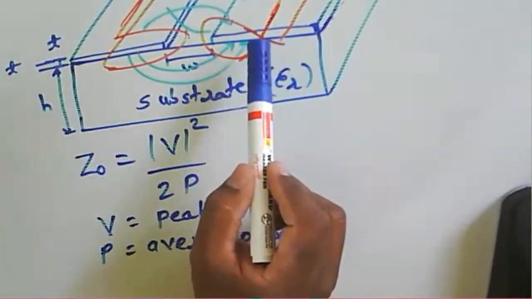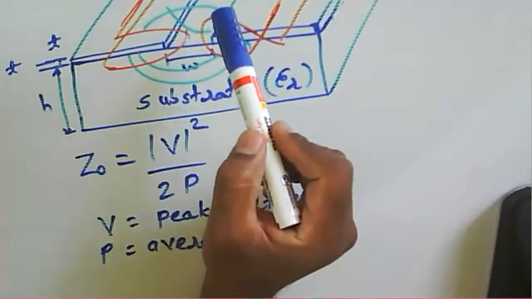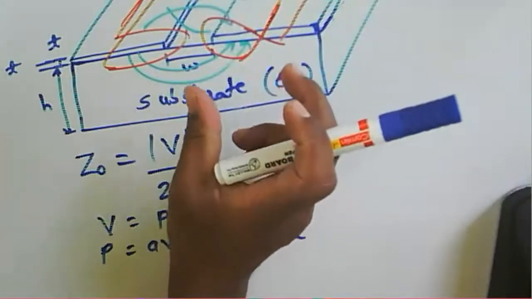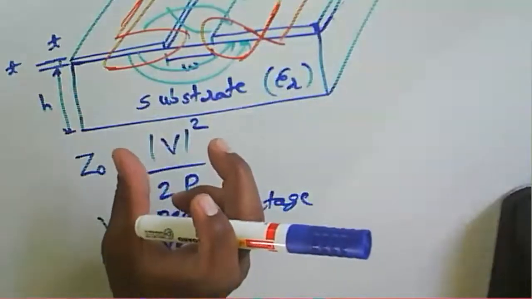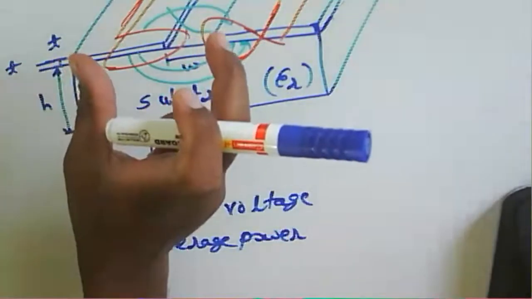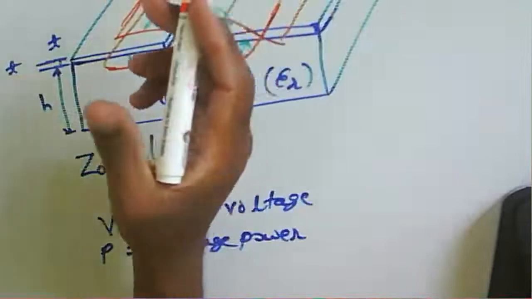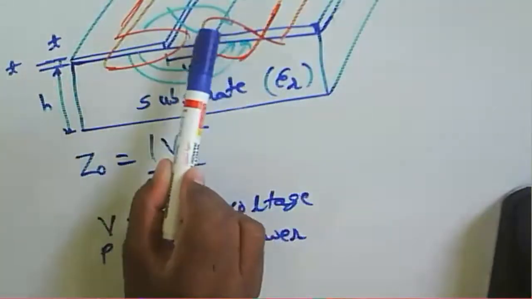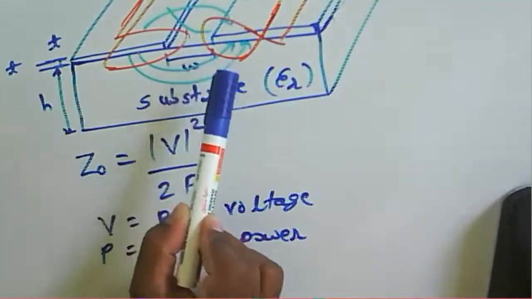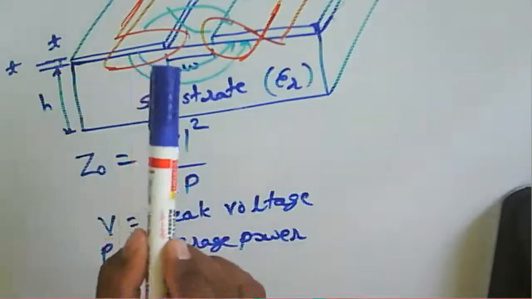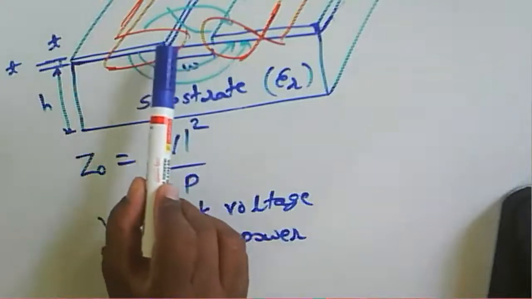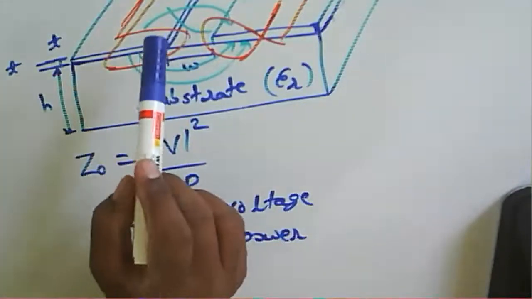So the characteristic impedance of a slot line depends upon the slot width W. If the slot width increases, then the characteristic impedance increases.